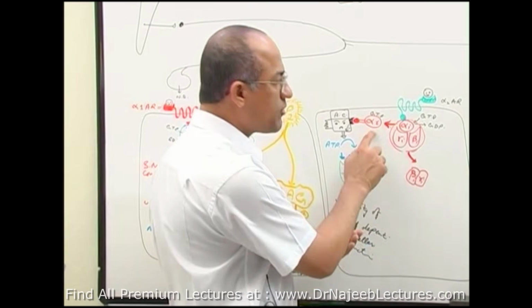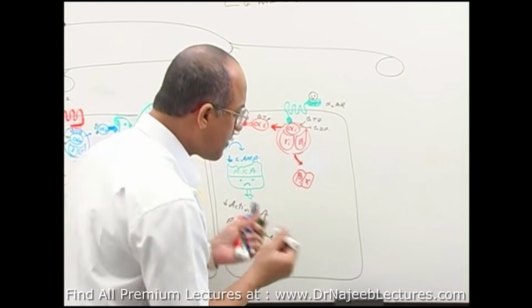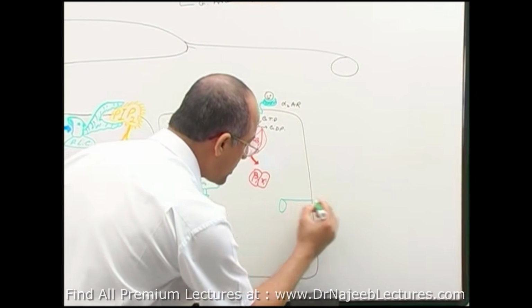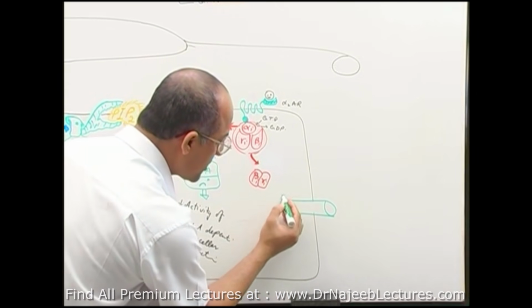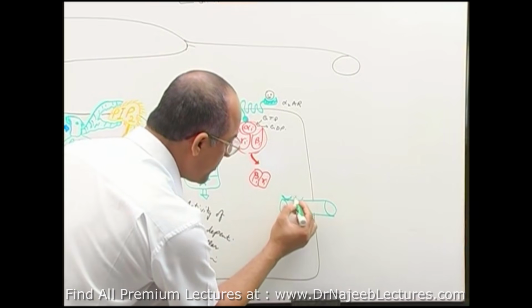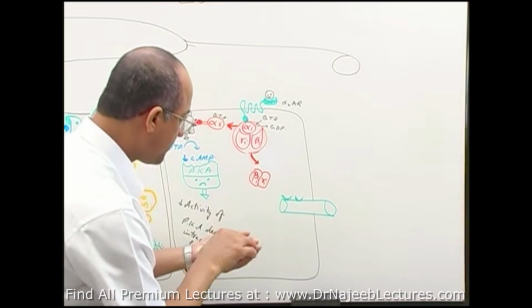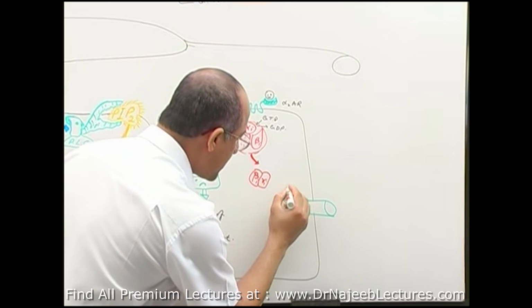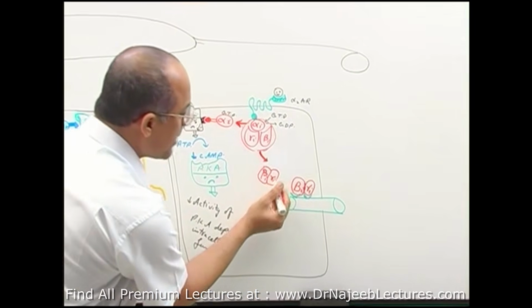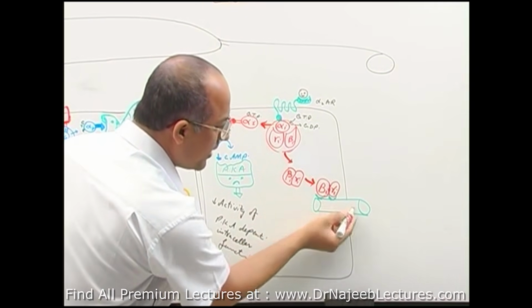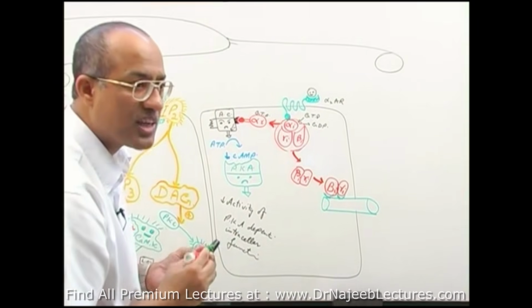Secondly, a very important factor which you must know is the beta inhibitory and gamma inhibitory component. Once they dissociate from alpha inhibitory, they can bind with the potassium channels. They are special potassium channels, and these potassium channels have an intracellular component where beta inhibitory and gamma inhibitory can bind. So this beta and gamma inhibitory bind with the potassium channel.